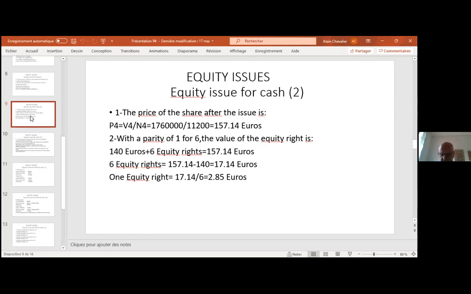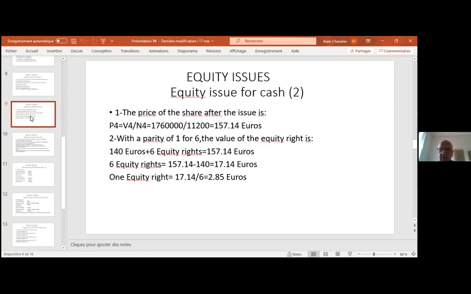Remember, you have an old share. At the announcement, at the beginning of a transition period, the owner of the old share gets now a new share and an equity right.